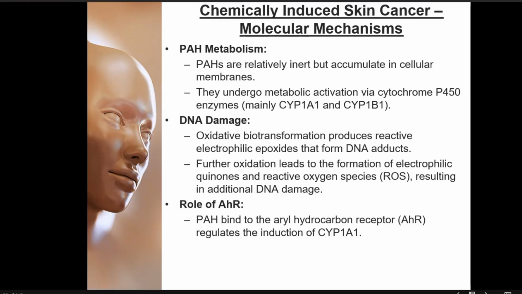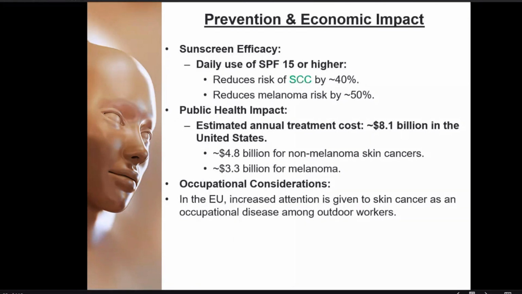They undergo metabolic activation via cytochrome P450 enzymes, and then oxidative biotransformation produces a reactive electrophilic epoxide that forms DNA adducts. Further oxidation leads to the formation of electrophilic quinones and reactive oxygen species, resulting in additional DNA damage. And in this way, it produces skin cancer.